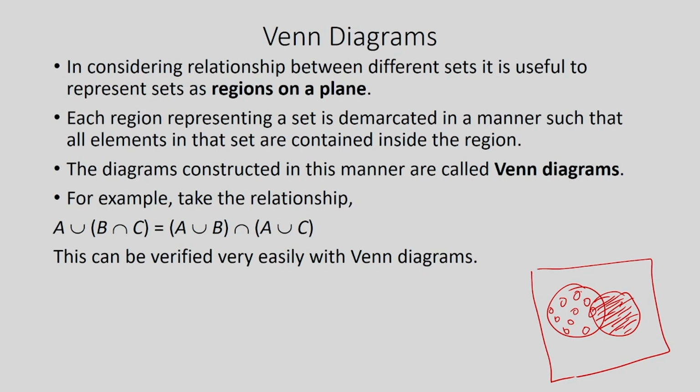For example, take the relationship A union, then within brackets B intersection C, is equal to A union B intersection A union C. So, this is a relationship between set operations. Now, it can be verified very easily with the help of Venn diagrams. Let us see how we can do that.